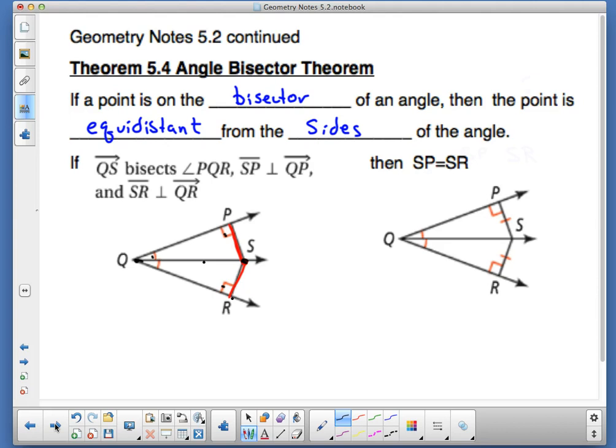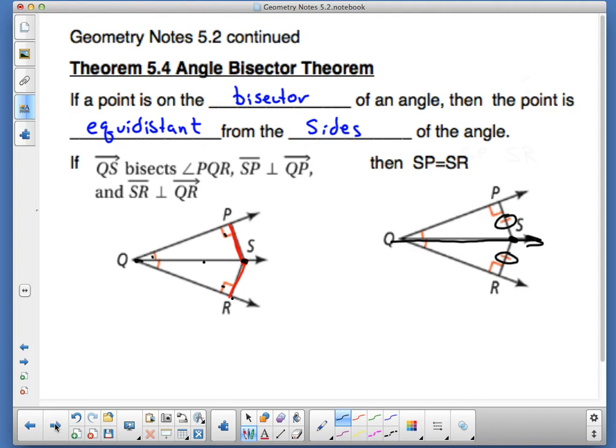If I have an angle bisector, bisected in such a way that I have a ray QS going through, if I have a point on the actual bisector of that angle, and it has a perpendicular distance to the sides of the angle going from that point, that distance is always the same for each side.